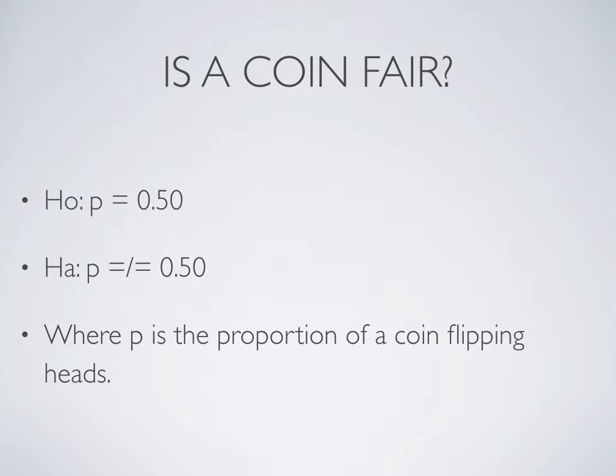If it flips more heads than tails, it might be unfair, but if it flips fewer heads than tails, it might also be unfair. That's why it's not less than or greater than 0.5. It has to be not equal to 0.5 because it can go either way.